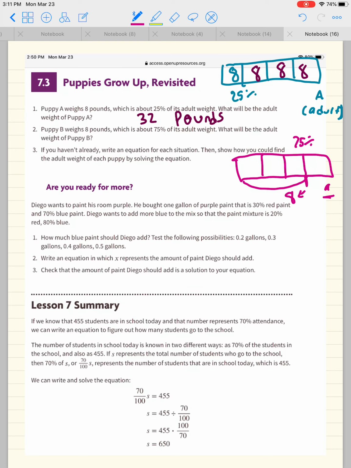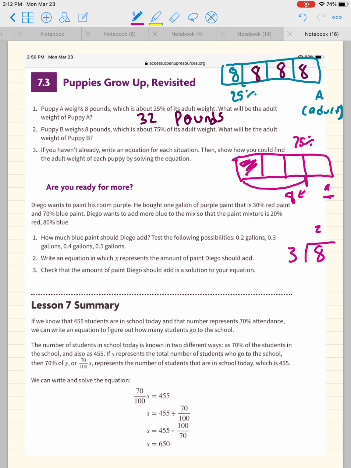So if this is equal to 8, I have to think about what is 8 divided by 3, which it does not do evenly. But that answer is going to tell us what 25% is equal to.